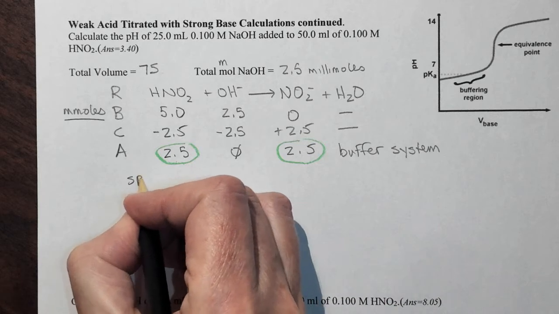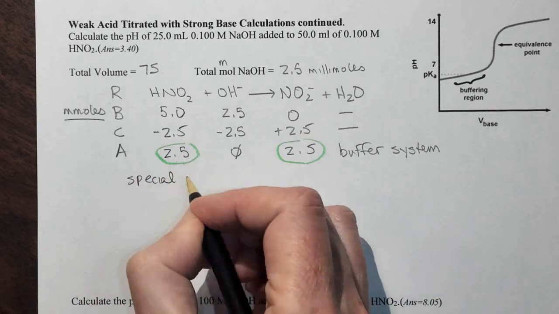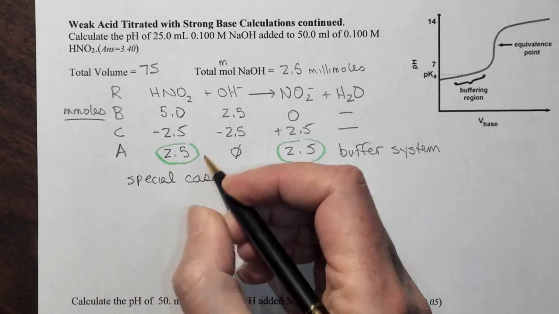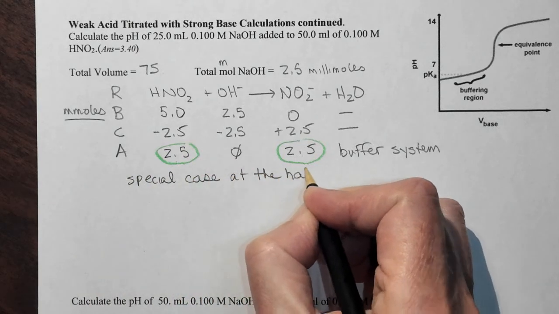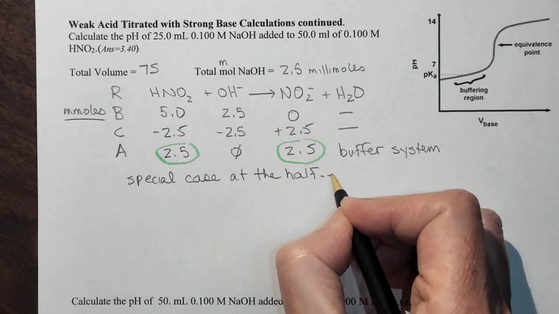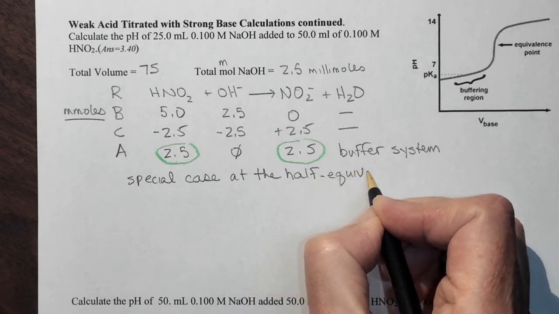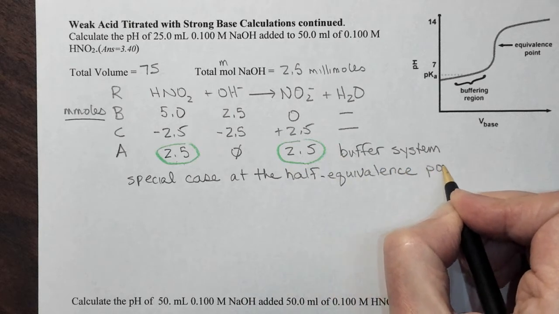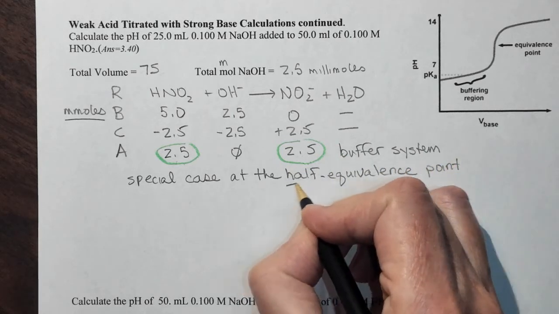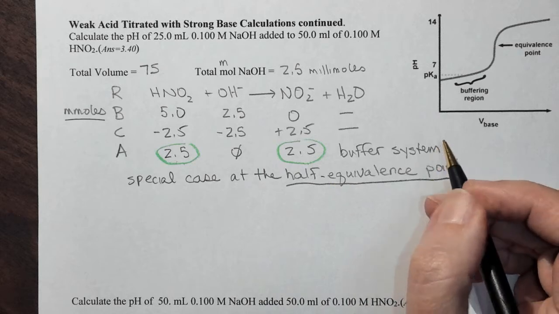So this is a special case at the half equivalence point, and you should be familiar with this term. So I'm going to underline it. So this is the half equivalence point.